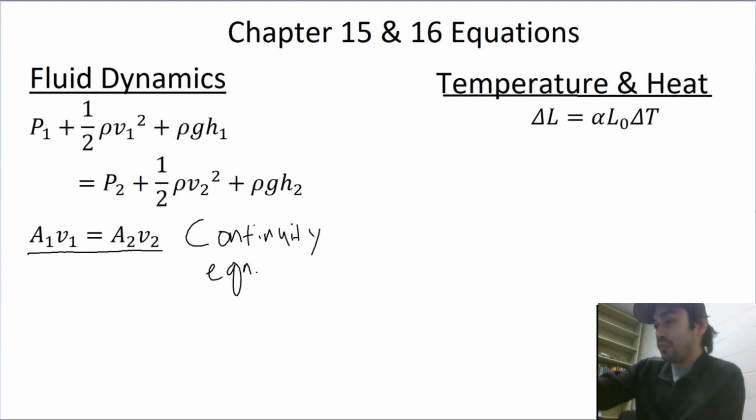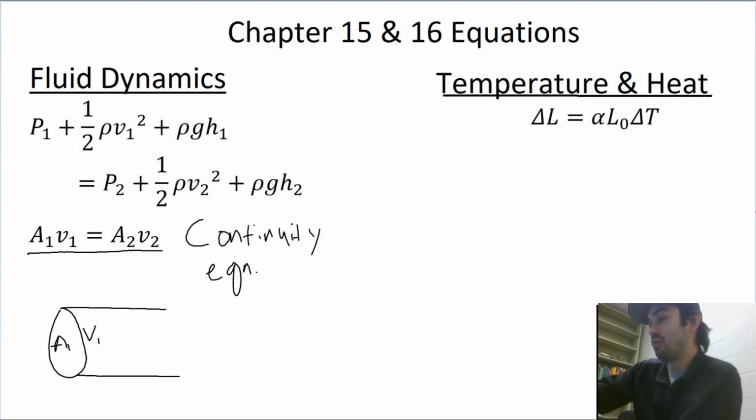So if we consider some pipe like this that has some area, and there's going to be some velocity of the fluid here, so let's call this A1 and V1, and this pipe changes its thickness, then if this is the area A2, there's going to be some velocity V2, okay?